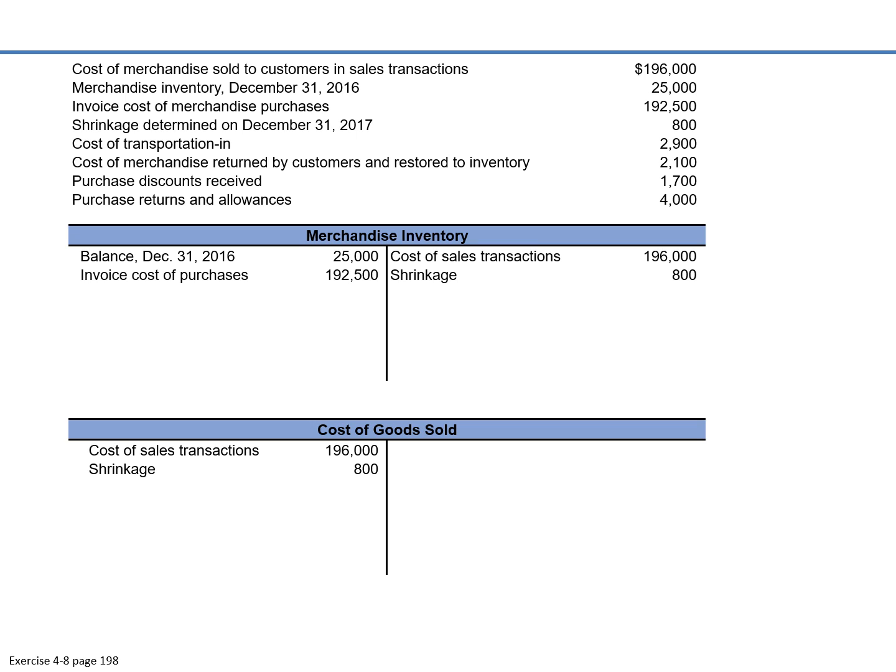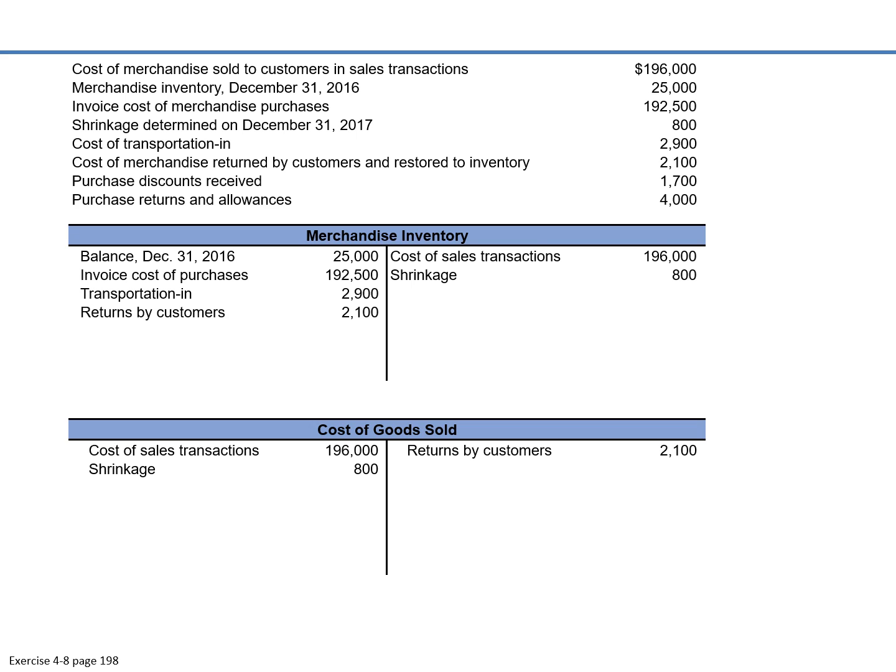Then cost of transportation in, $2,900. That increases our merchandise inventory, so it goes to the left side. Cost of merchandise returned by customers and restored to inventory. So we're going to increase inventory for returns, and we're going to decrease cost of goods sold for returns.